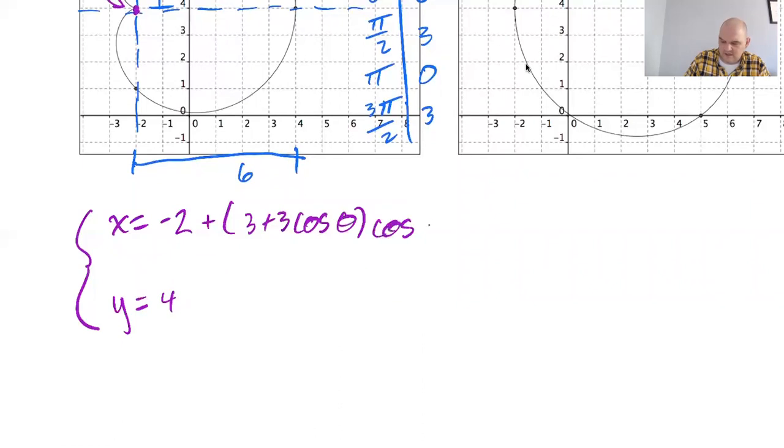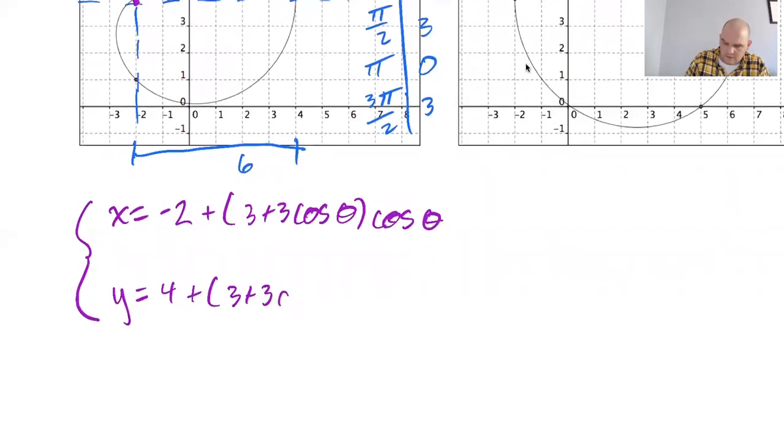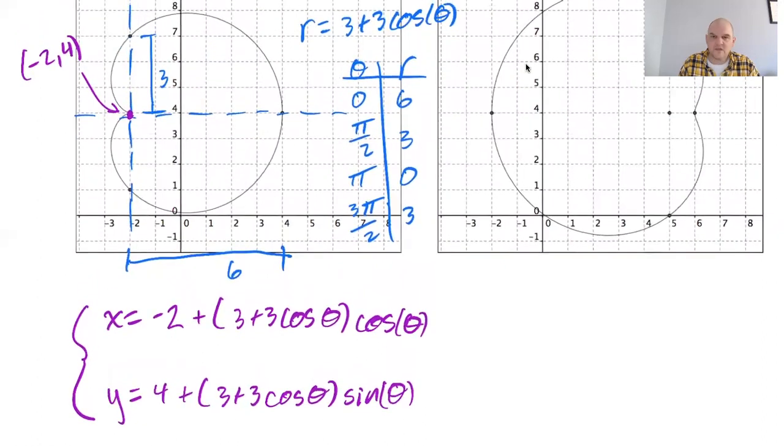So x always has that extra cosine theta, and it'll be plus 3 plus 3 cosine theta. Right, that's r, and then sine theta. And there you go. Sometimes when I write these, I leave out parentheses. Then when I look back, it always annoys me. I'm not going to be able to squeeze them in, though, for that polar curve. So that's my equation. So I did that by just recognizing what was going on.